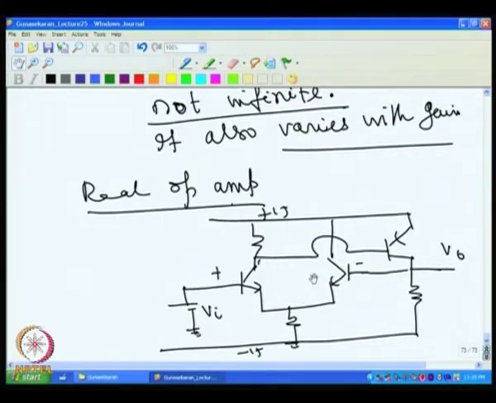And also we have to realize, even if Vi is 0, there is always some current flowing through this. That means this is slightly different from the classical example we had shown with the passive circuits for input resistance.